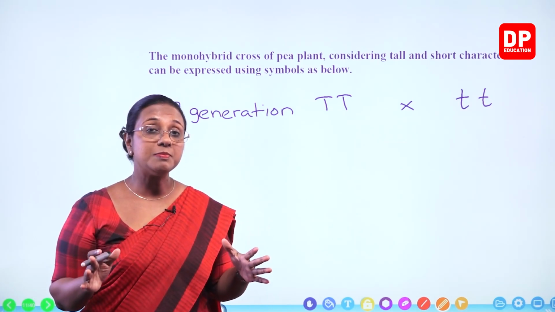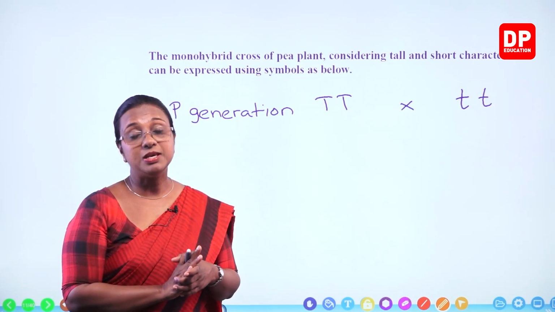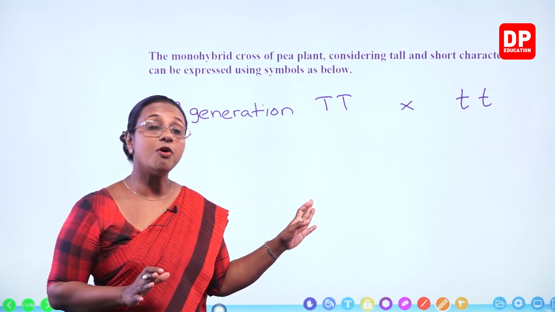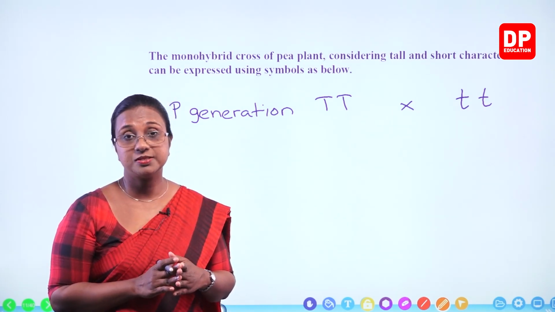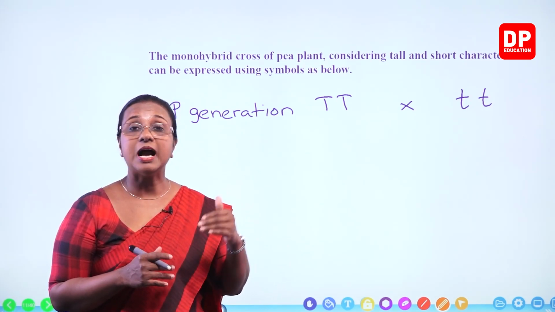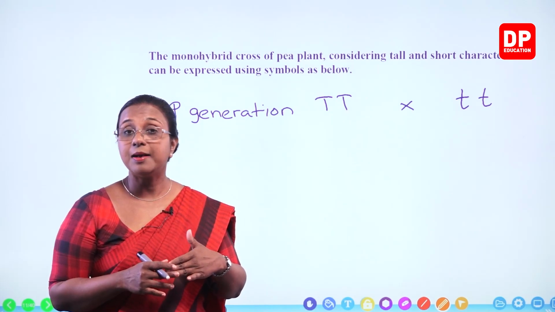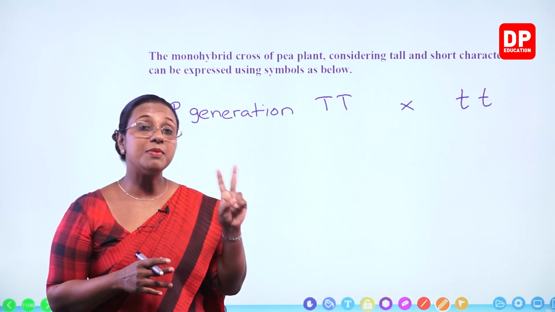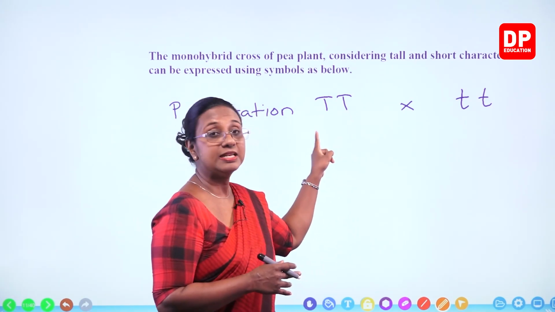Now you all can remember students, we discussed about mitosis and meiosis. Now during the formation of gamete, it is the meiosis process. There what happens? The number of chromosomes become half. From the diploid cell, you get the haploid cell. Now you can remember diploid cell is 2N. This is the 2N cell.